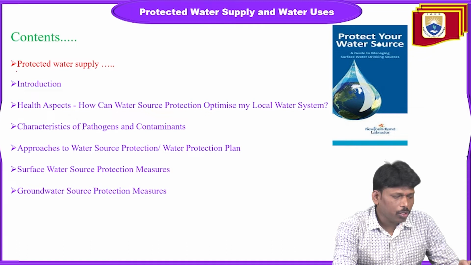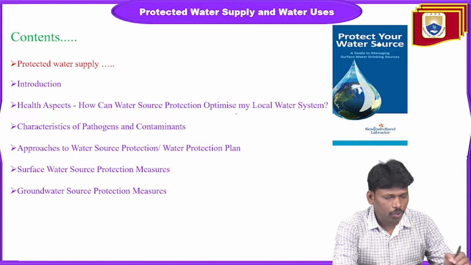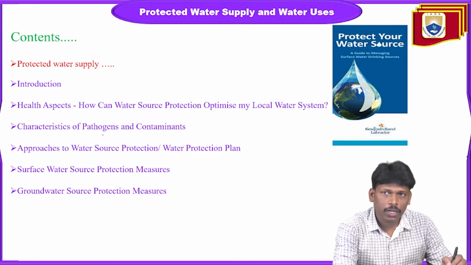As I gave some introduction here: the health aspects, and how water source protection can optimize my local water system. Then the characteristics of pathogens and contaminants need to be identified, and only then will we take appropriate action to prevent these contaminants in the water.